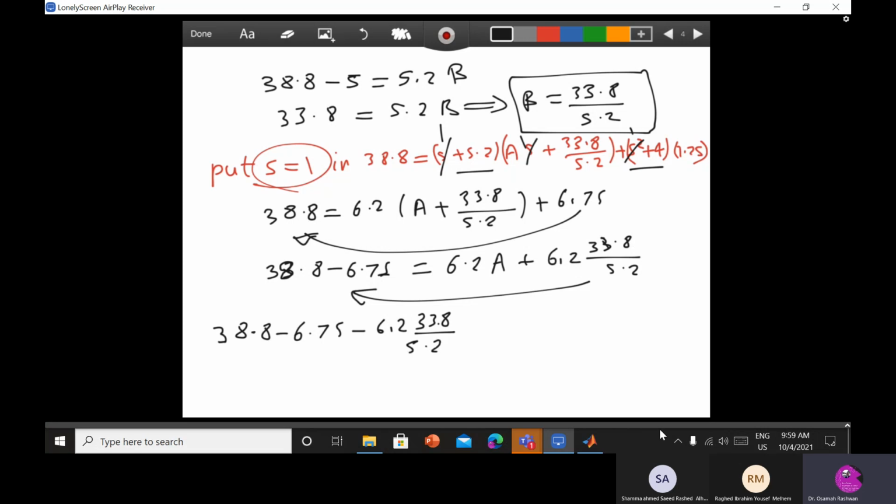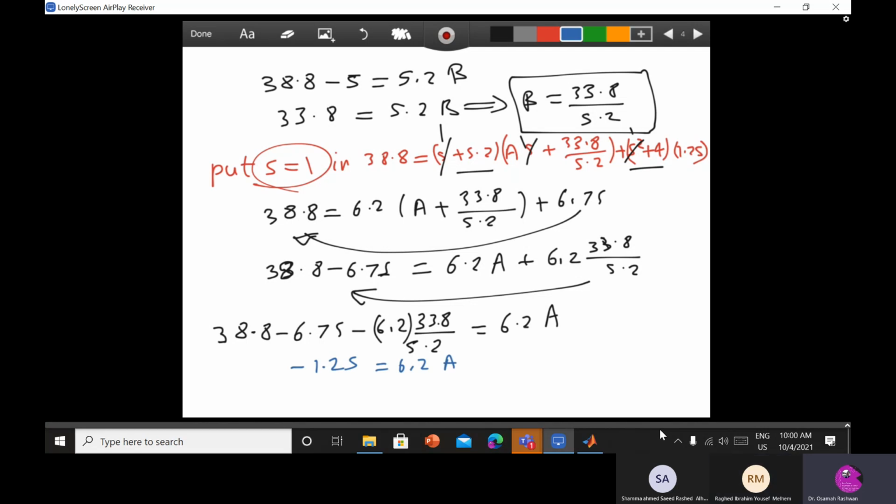Can you calculate this one for me, please? Equal to 6.2A. What is the value of this one? Be careful when you're having the numerator here. You multiply 6.2 by 33.8 and divide by 5.2. So what is the value? Minus 1.25.